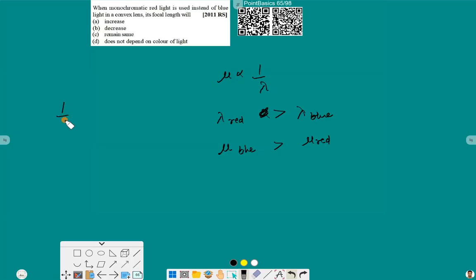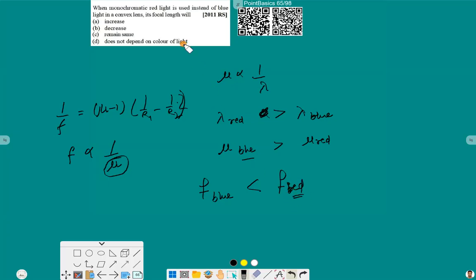And from the lens maker's formula, 1 by f is equal to mu minus 1 by r1 minus 1 by r2. So from this we know that focal length is inversely proportional to mu. So if some color has a higher refractive index, its focal length will be less, and blue has the higher refractive index. So we can say focal length of the blue will be smaller than the focal length of the red color.